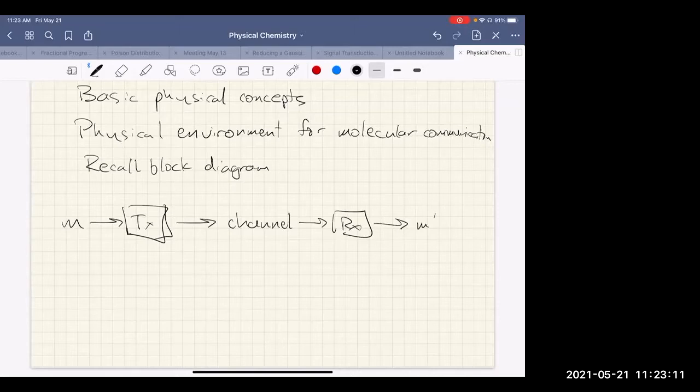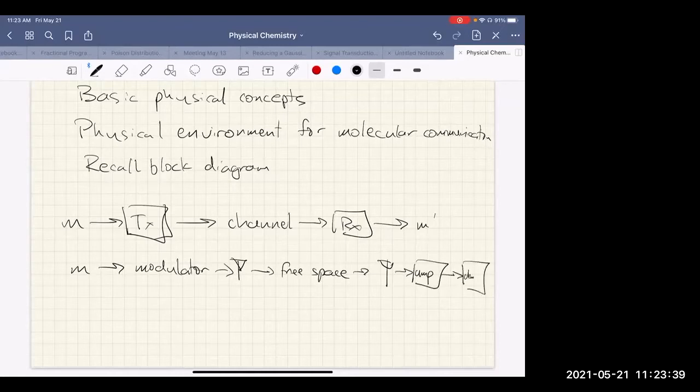Well, let's firstly imagine how this works in communication that we're accustomed to. So we would have a message, we'd have a modulator, an antenna. The environment, the channel, would be free space. Then we would have another antenna, an amplifier, and demodulator. And ultimately, out of the demodulator, we would get the message estimate. So you can see how these systems stack up.